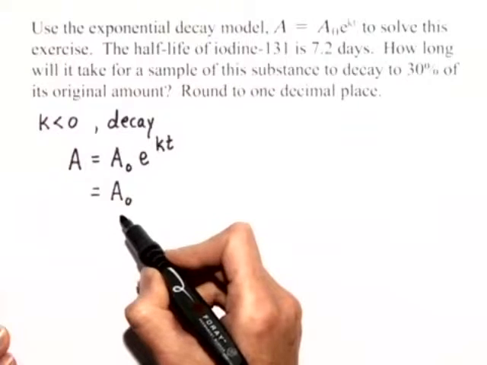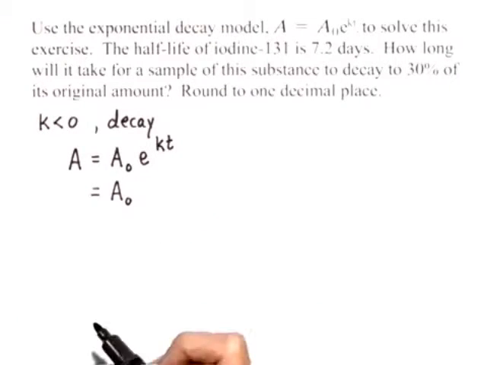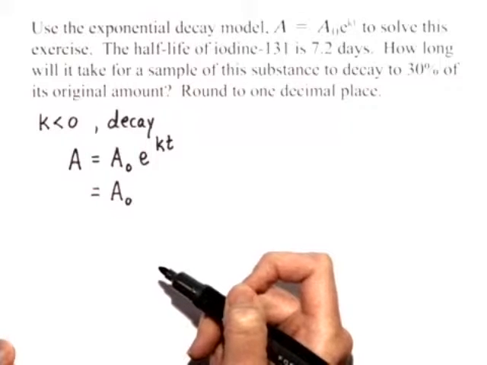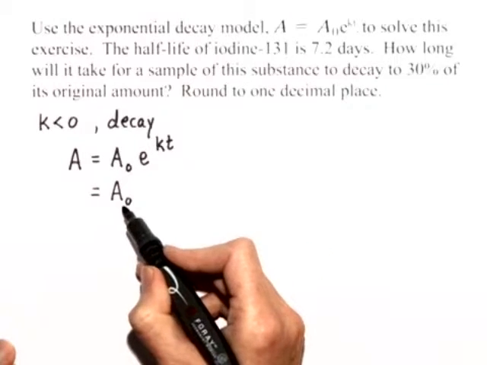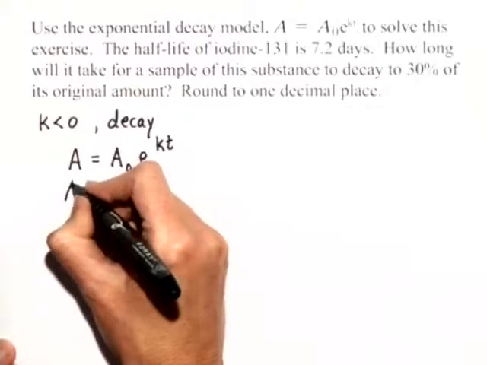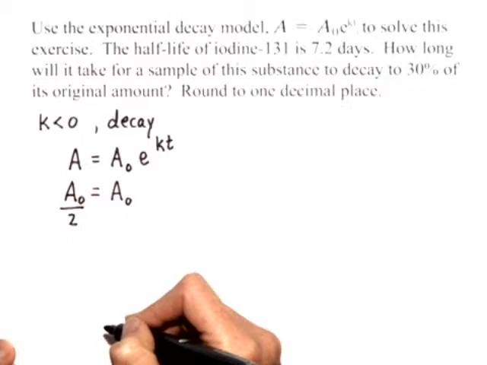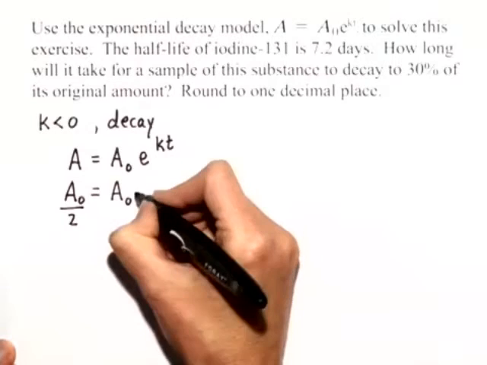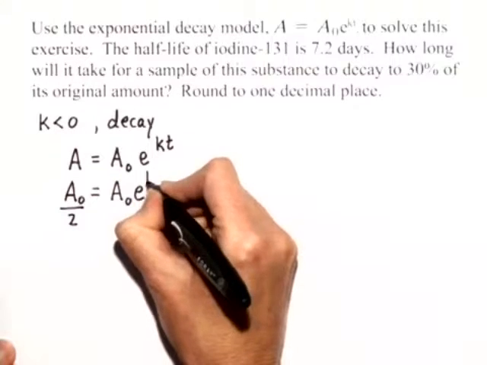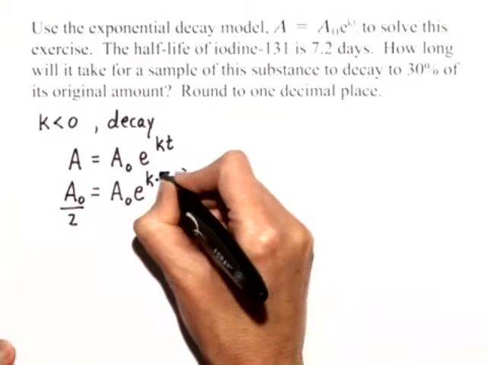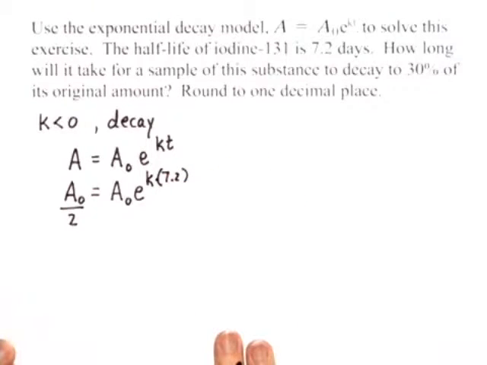That simply means that the original amount will decay to half of the original amount after 7.2 days. So therefore, the original amount A sub 0 will decay to A sub 0 over 2, just half that amount, in 7.2 days. So we'll have e to the k times, we'll substitute 7.2 in for our time.